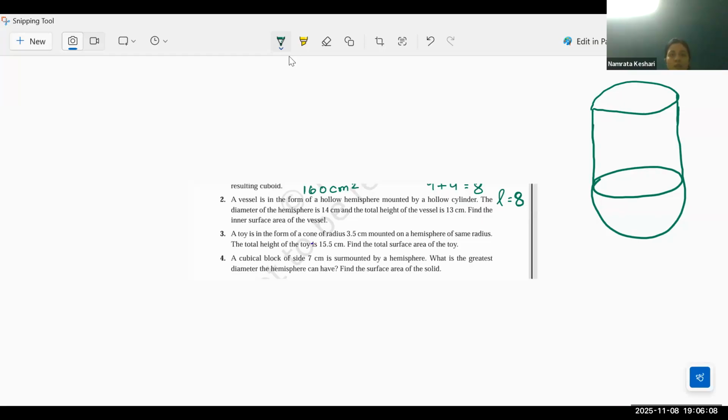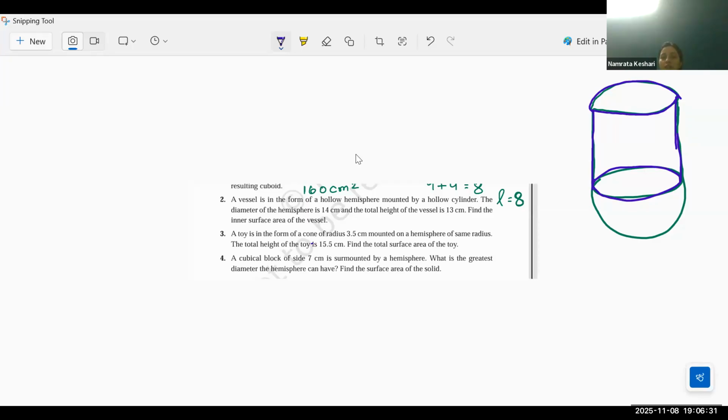You have a hemisphere, and on the top of that you have a cylindrical shape like this.